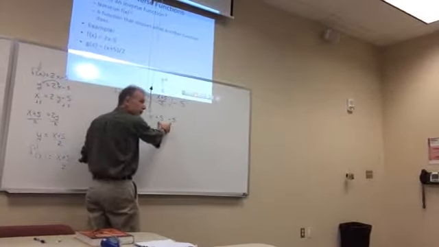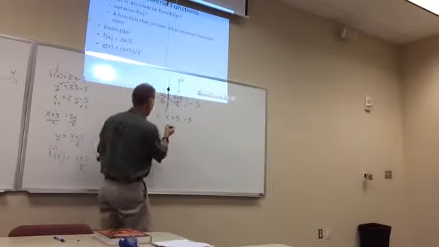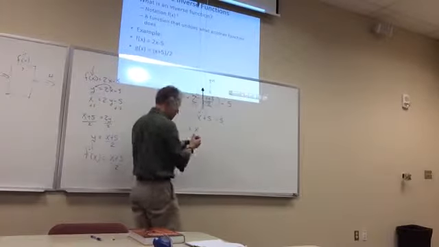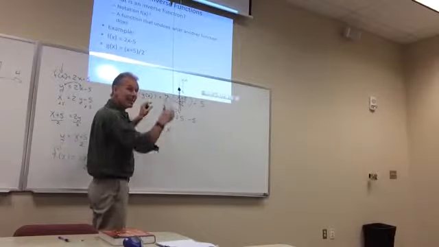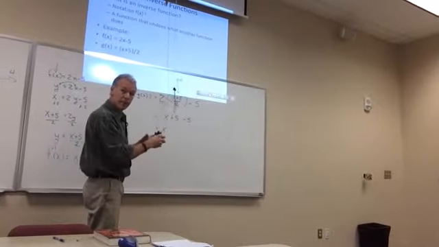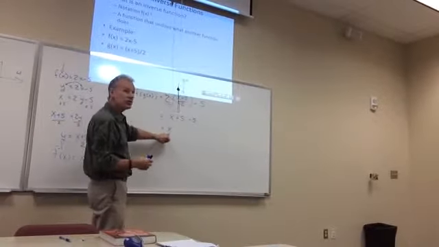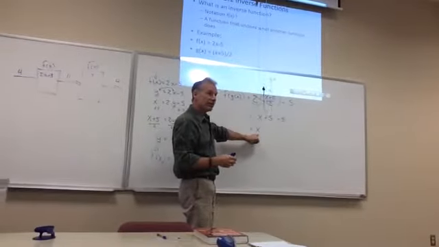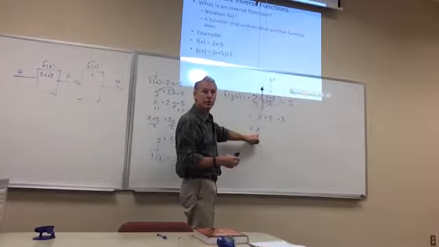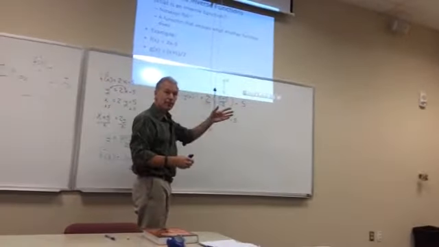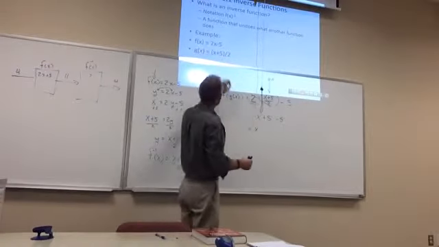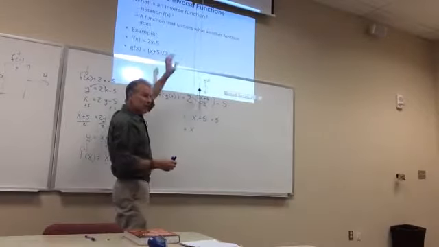And now you can see that, of course, those will cancel, and we're just left with x. So if you can plug one function inside of the other function and simplify it, and you come up with just x left over, we say that they're inverses. They undo each other. This function did some stuff to the x. It doubled it, subtracted 5. This function adds 5 to it and divides by 2, right?